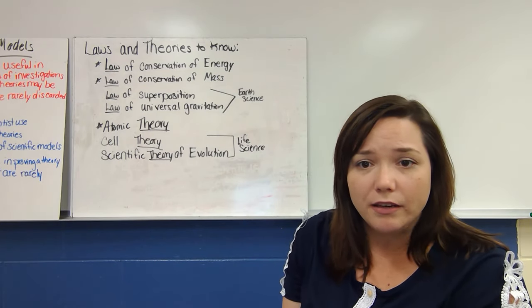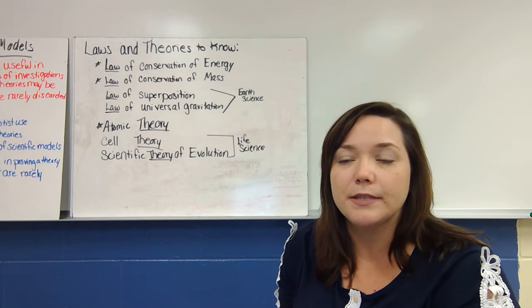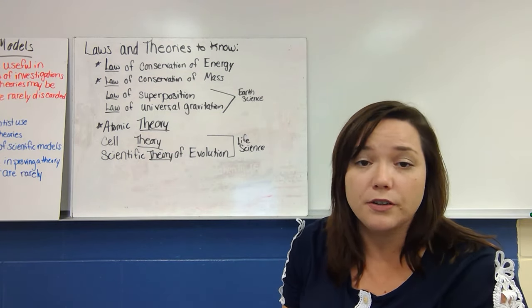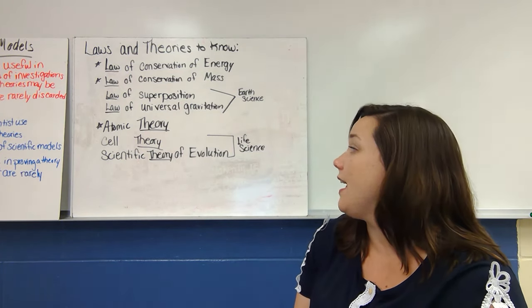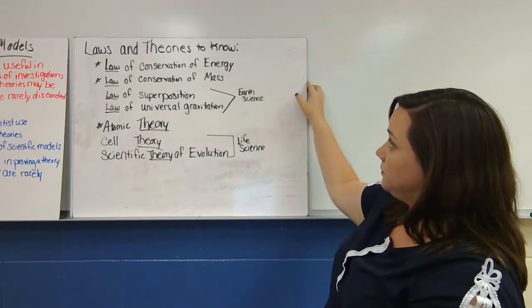You might have heard a little bit about it in 5th grade, how our understanding of atoms has progressed throughout the centuries. Cell theory, you should know from life science last year. Cells don't just pop out of nowhere. They come from pre-existing cells. And the scientific theory of evolution, you also should have discussed last year in 7th grade.